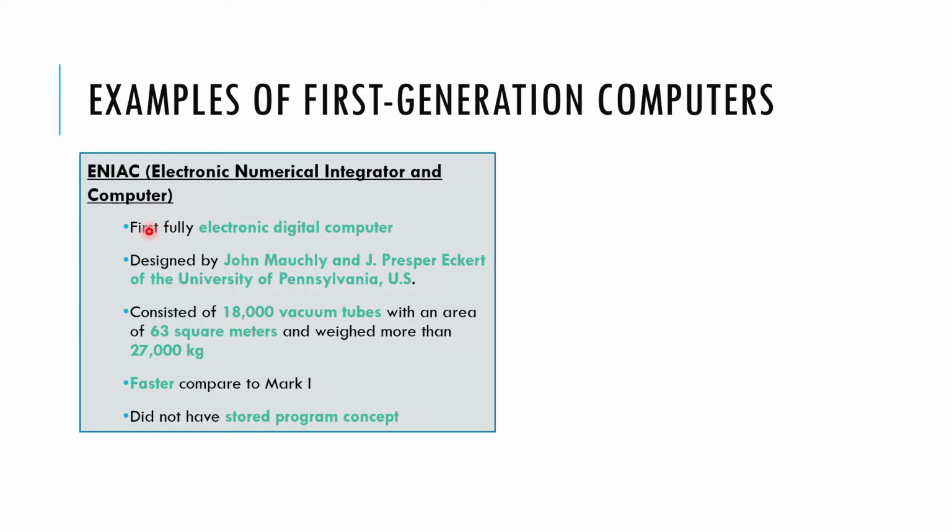This was the first fully electronic digital computer designed by John Mauchly and John Eckert of the University of Pennsylvania, US. Consisted of 18,000 vacuum tubes with an area of 63 square meters and weighed more than 27,000 kg. Faster compared to Mark 1.